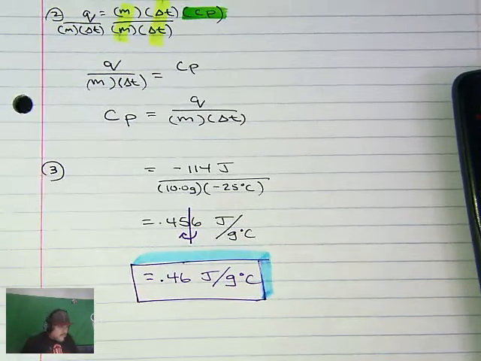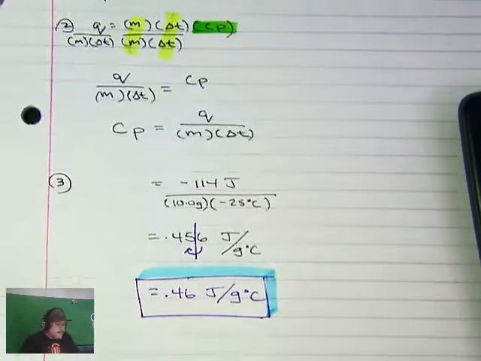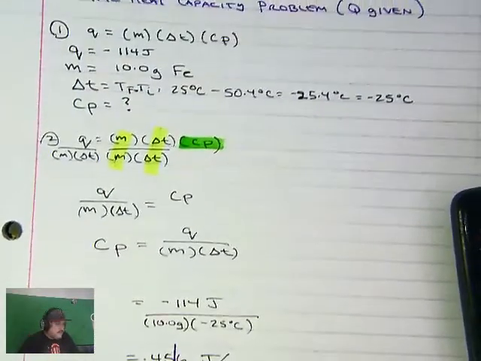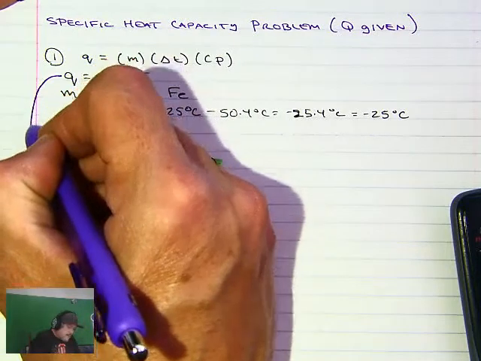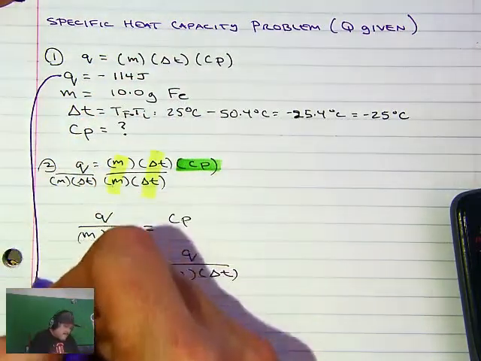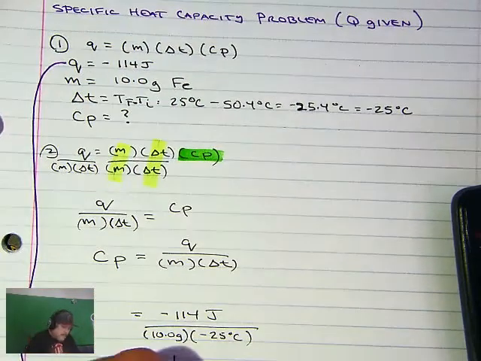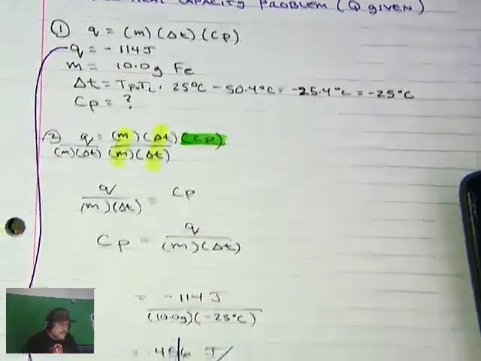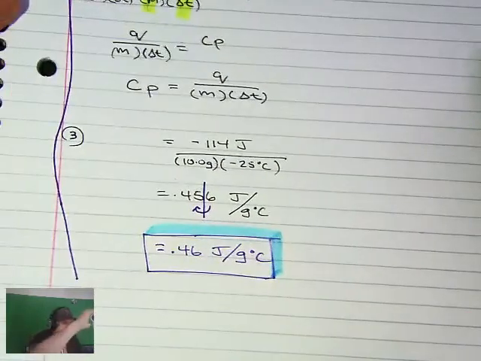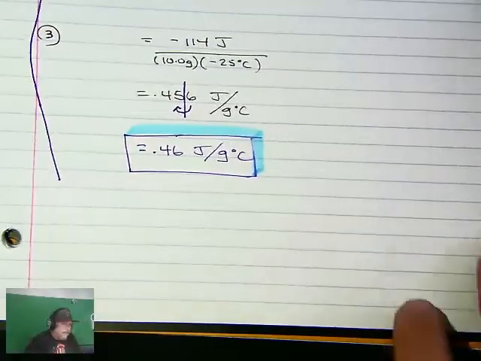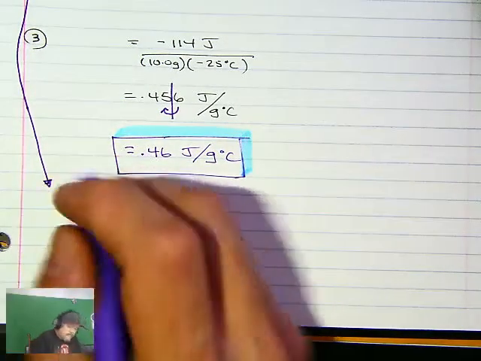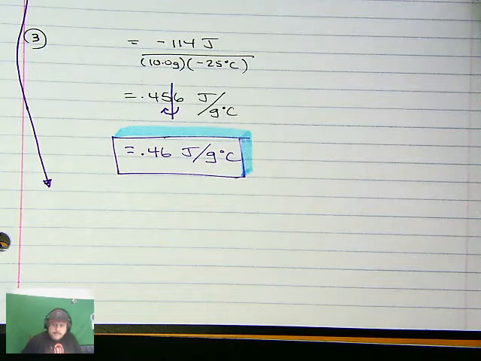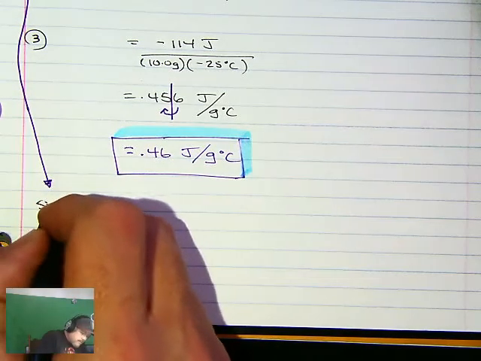Now, let me explain something that we talked about earlier. I'm going to scroll up here, make a little arrow from the Q, and explain what happened. So let's talk about this.